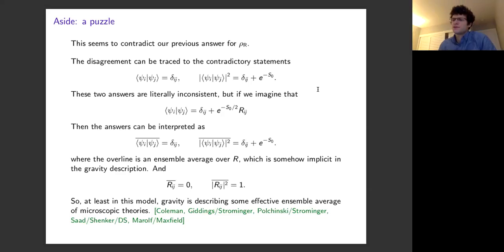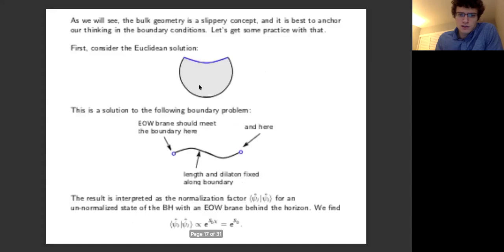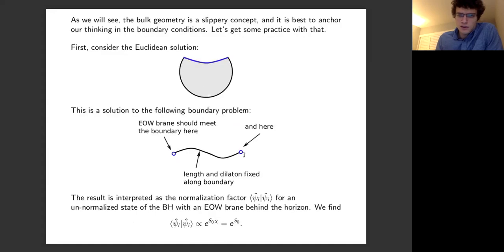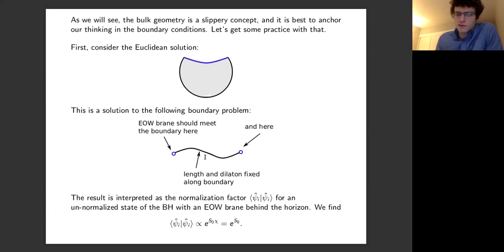Does it not scale with K? No, I don't know what you mean by the partition function when we have the end of the world brane. I think the closest thing to that would be this unnormalized inner product. Normally for a partition function, you want a circle for the boundary. If you have these end of the world branes, you have some kind of interval, so it's like an inner product of states, not a trace.